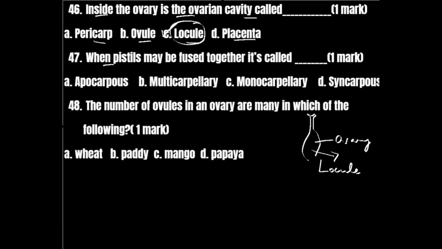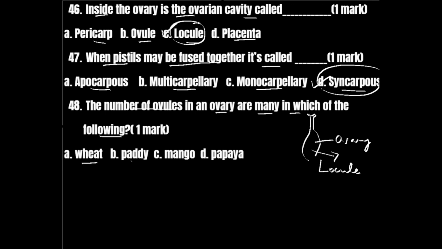Now, next question. When the pistils are fused together, it's called as dash. Is it apocarpous, multicarpellary, monocarpellary, syncarpous? The answer is syncarpous, option D. The number of ovules in any ovary are many in which of the following?